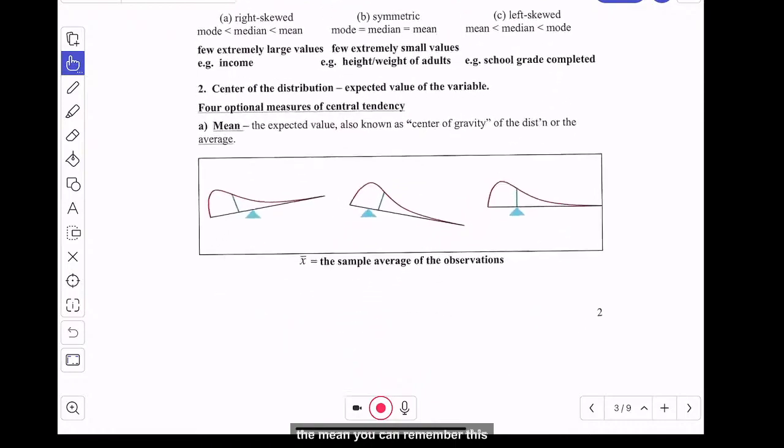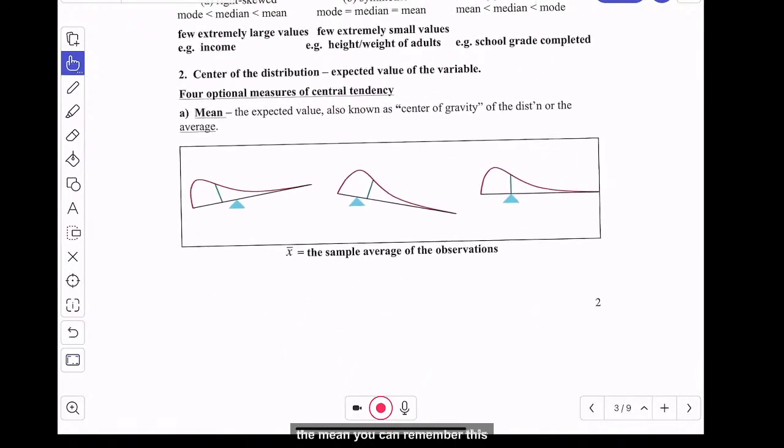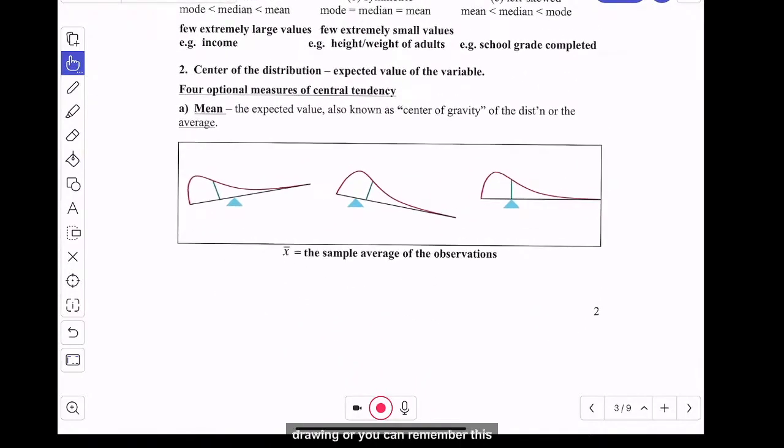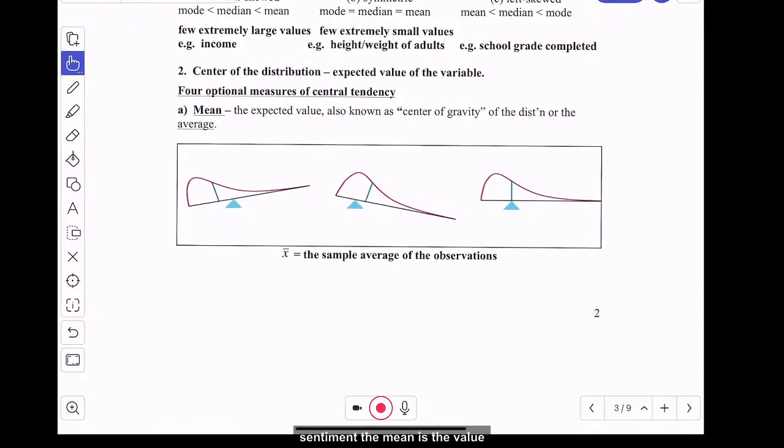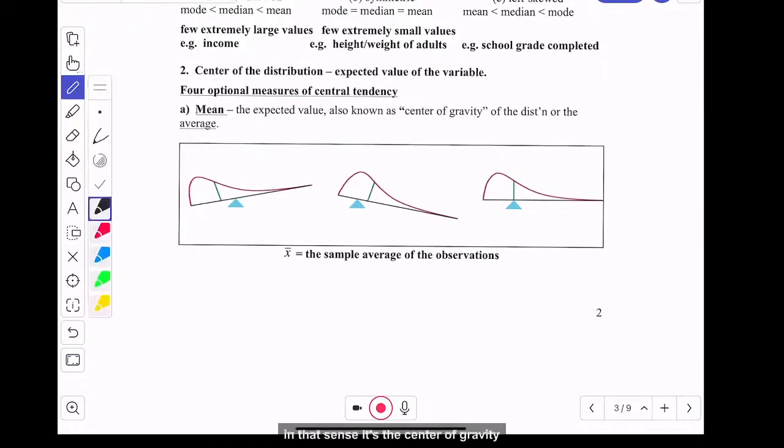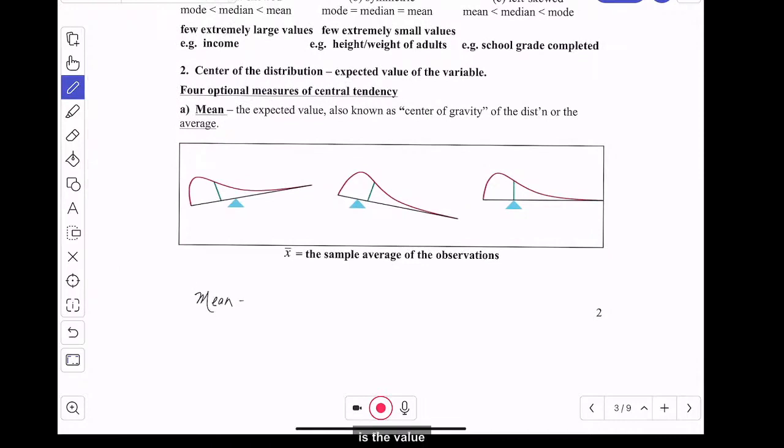The mean, you can remember this drawing or you can remember this sentiment. The mean is the value closest to all the other data, closest to all the other points. In that sense, it's the center of gravity.